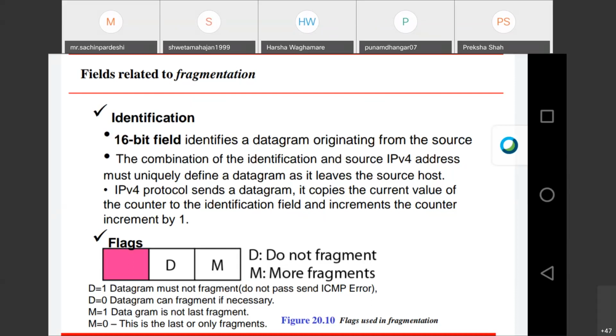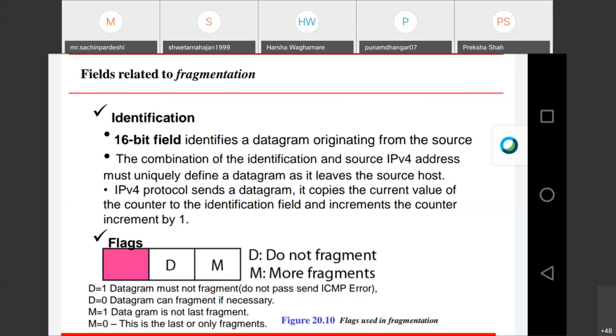By the identification, we come to know all these parts belong to this datagram only. The destination machine identifies the fragmented parts by two fields: the source IPv4 address, and the identification value. This 16-bit field defines the datagram originating from the source. So the identification and the IPv4 address uniquely define the datagram.